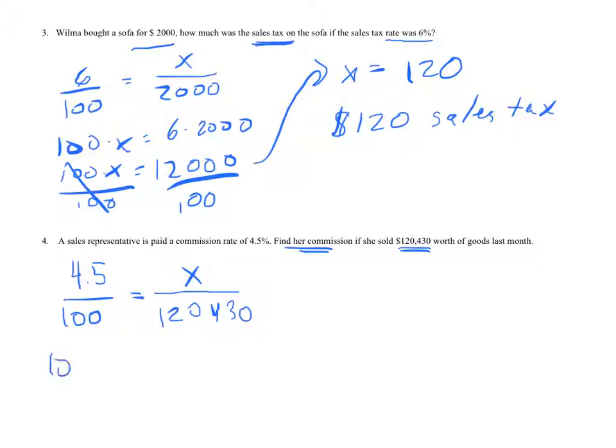Cross products equals 4.5 times 120,430. And when you multiply 4.5 times 120,430, you get 541,935.